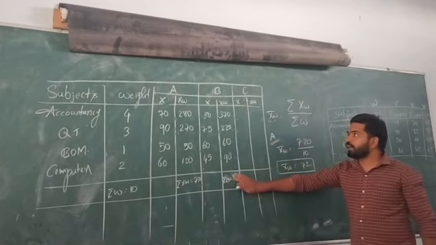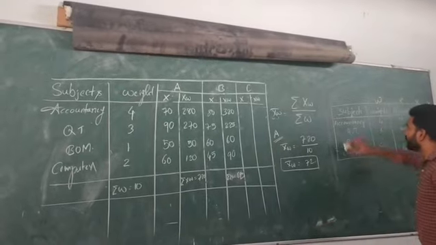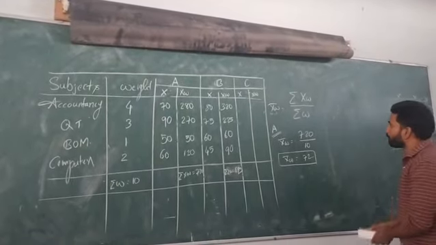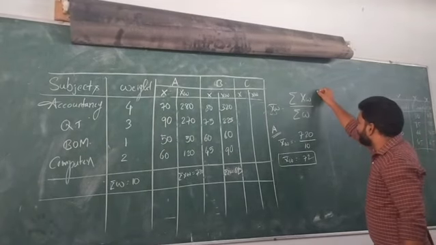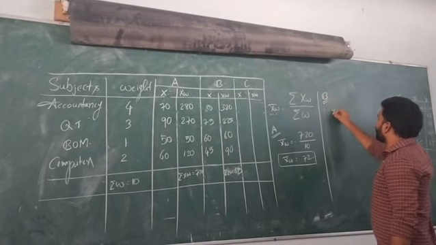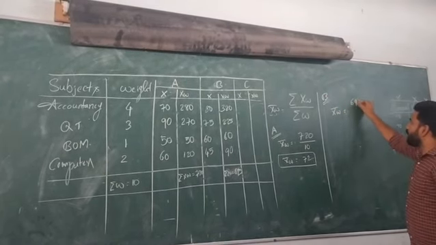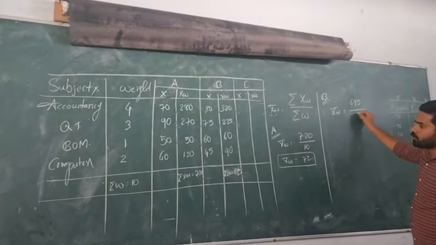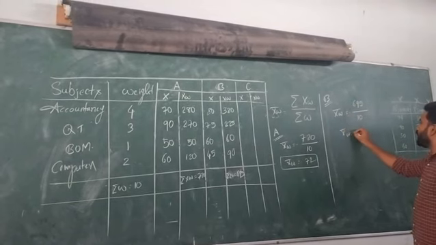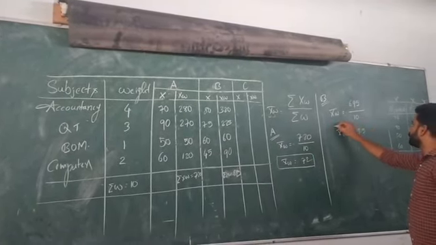So let's find the average of student B. 695 divided by the total weight, which is 10. Weighted mean equals 69.5.